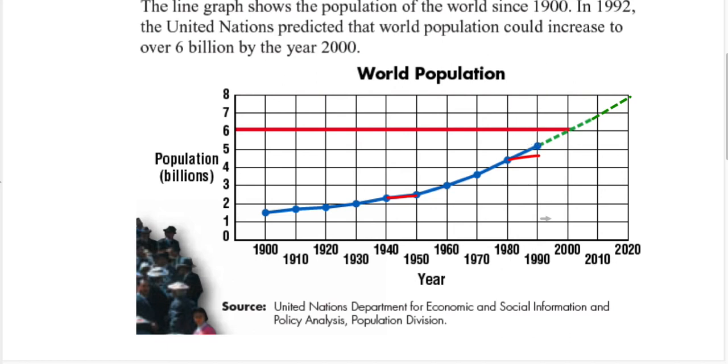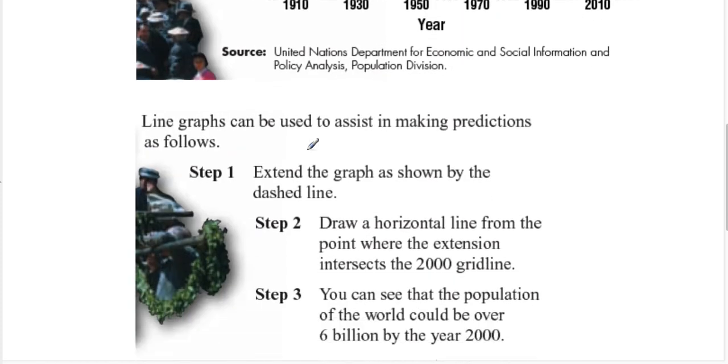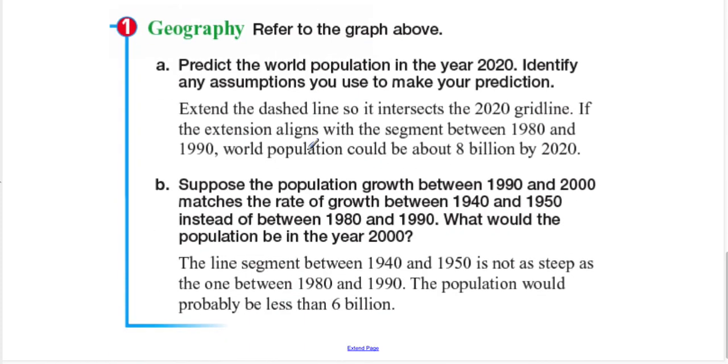Because if we start extending that line right here, it would fall here, so it would probably be less than 6 billion if that was the rate of growth for those 10 years. And that's how you create your predictions using a line graph.